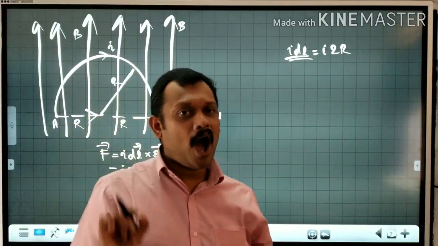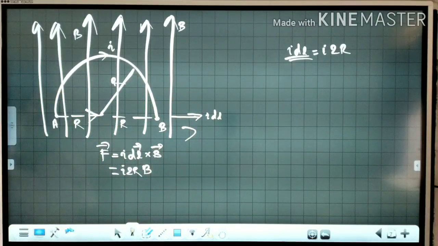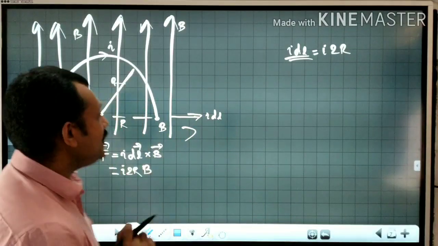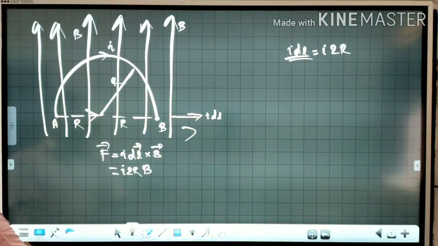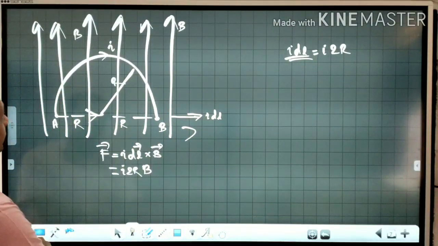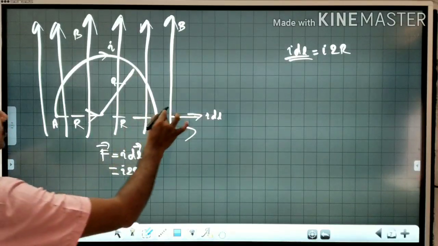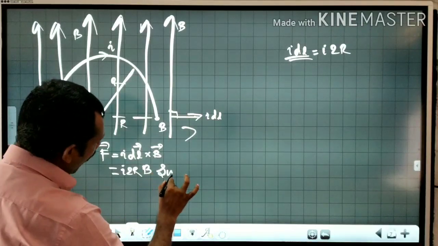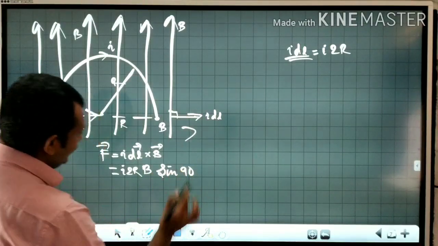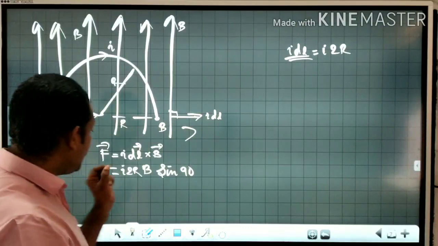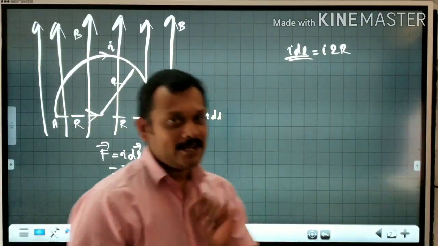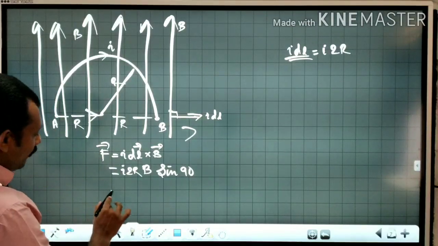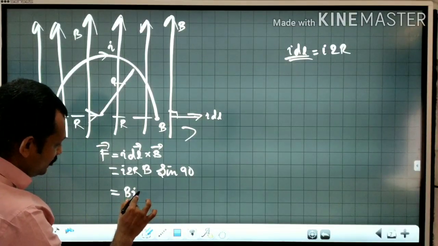So I into 2R into B into sine of the angle between IDL and B. You can see on the board, it's 90 degrees, right? So I into 2R into B into sine 90. What is sine 90? 1. So our answer is BI into 2R.